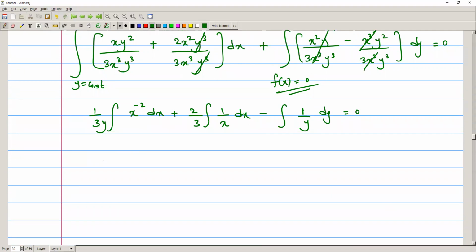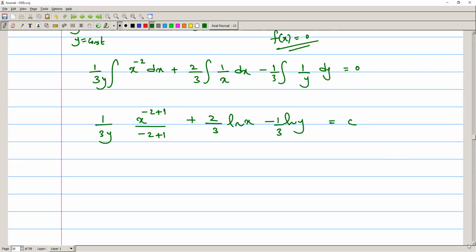So we can integrate this function. This is x to the power -2 plus 1 over -2 plus 1, plus 2 over 3 times ln x, minus ln y. Sorry, it's 1 over 3 here. So it's 1 over 3 times ln y is equal to c.